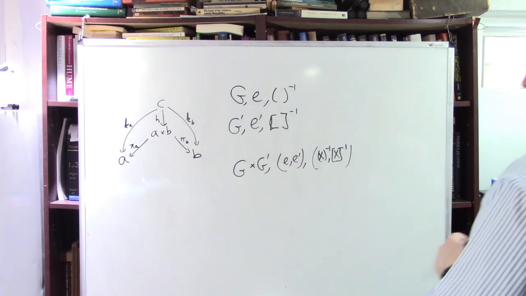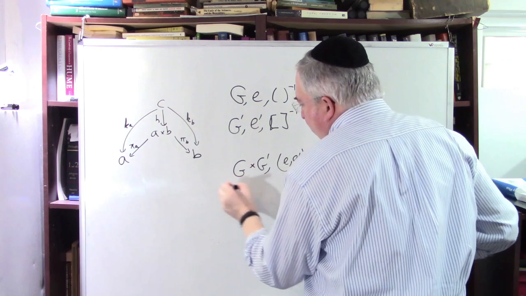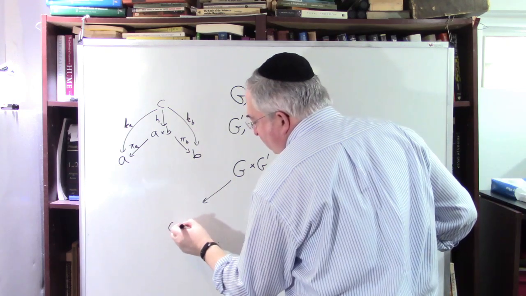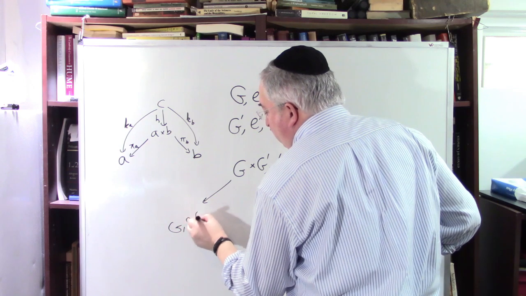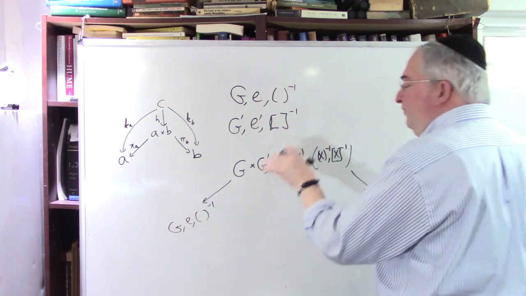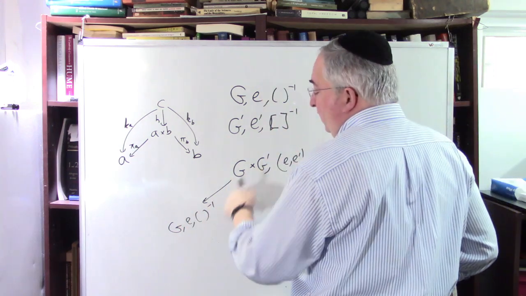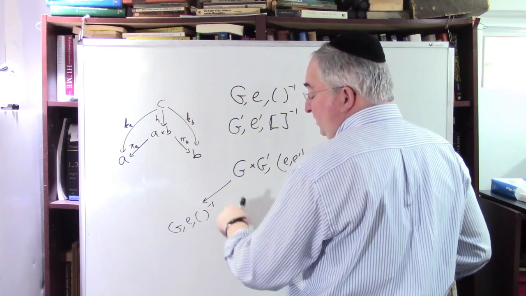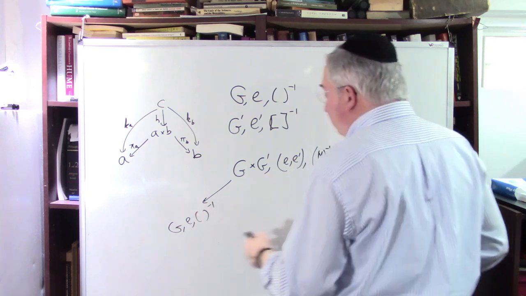Anyways, main point is that you have to show that the map from this set to this set is a group homomorphism.